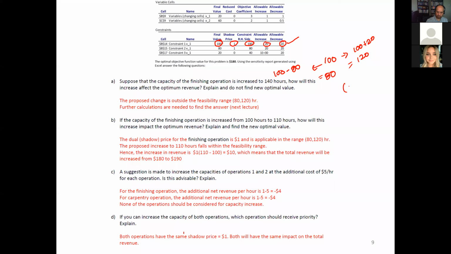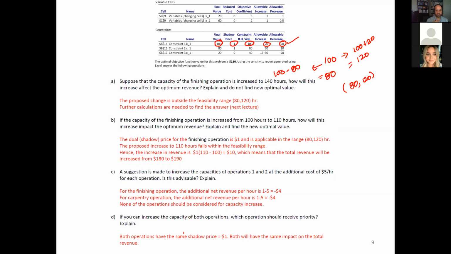So your feasibility range is between 80 and 120. So what that means is you can increase the right-hand side by 20 units and the optimal solution for your problem will not change. You can decrease the right-hand side of the first constraint by 20 units and the objective function value will not change.